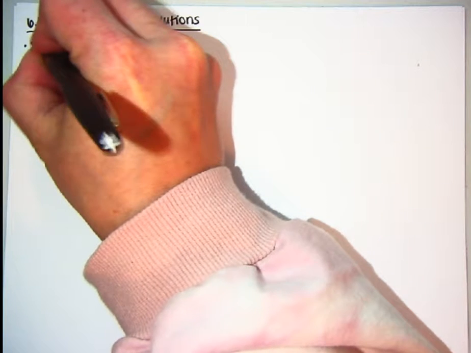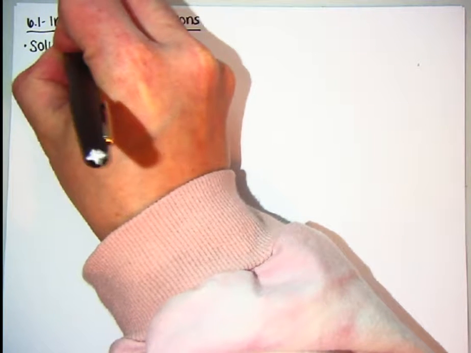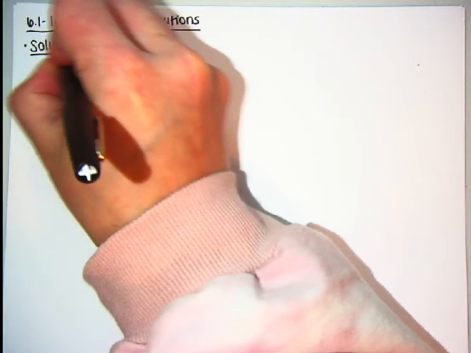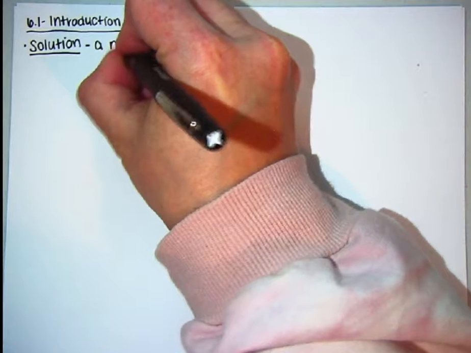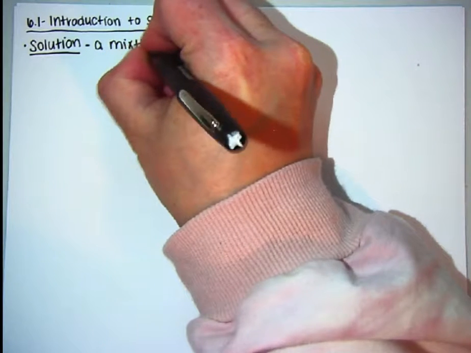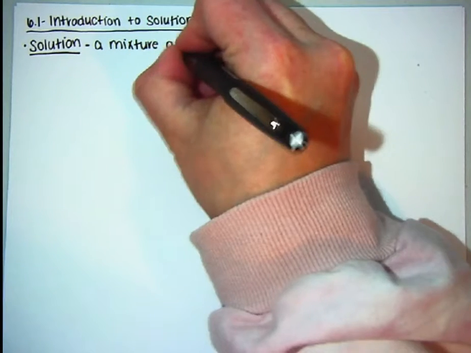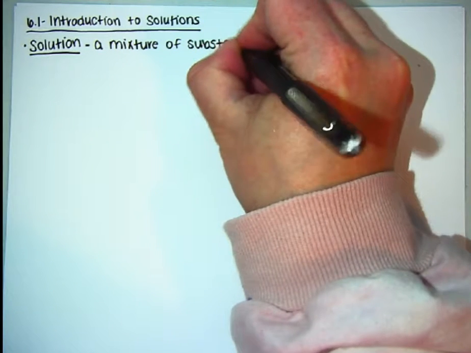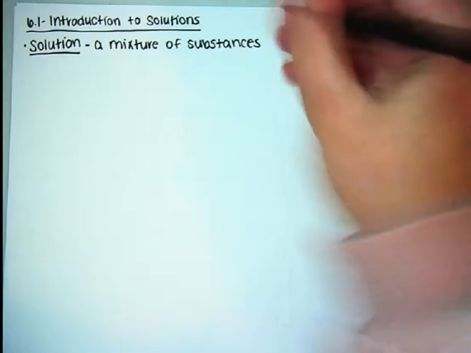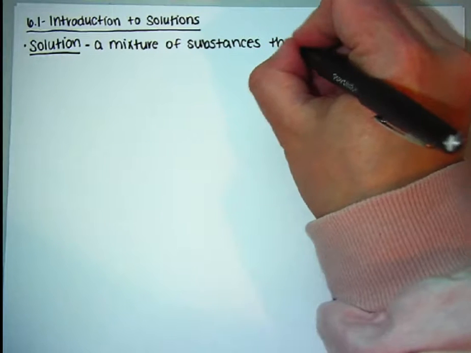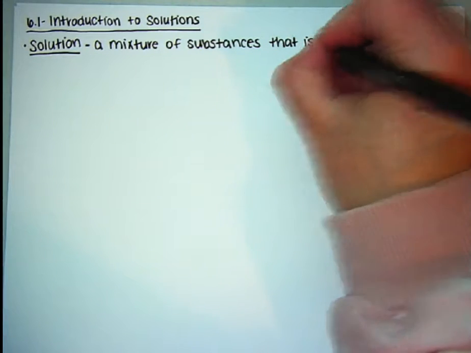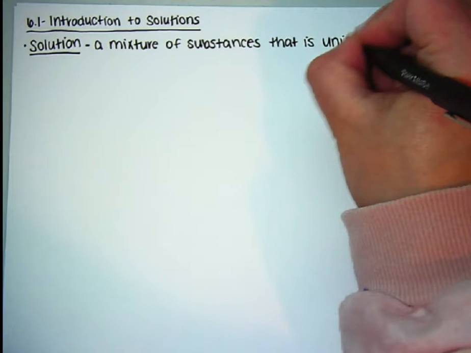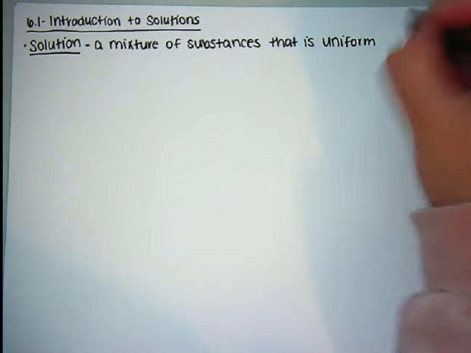So first, what is considered a solution? A solution is a mixture of substances that is uniform in composition.